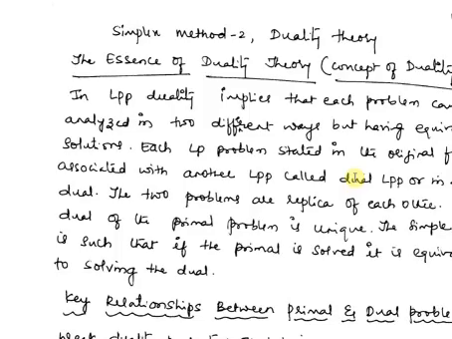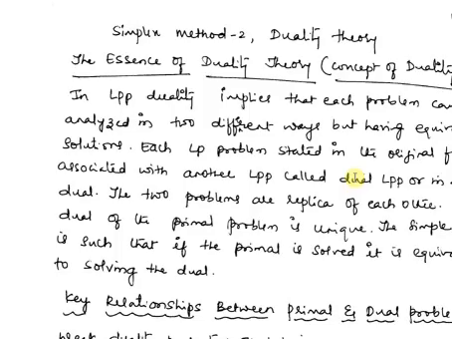Now, the dual of the primal problem is unique. In other words, if we say that 3 multiplied by 5 is our primal problem, then the dual of it, that is 5 multiplied by 3, is unique.